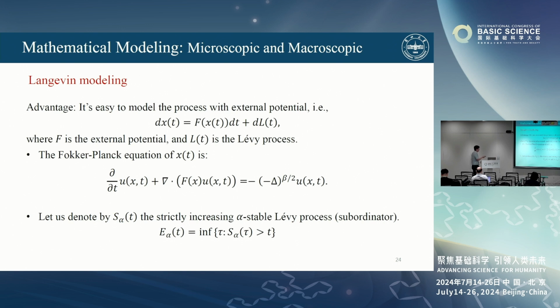We can try to derive the PDF of the process X_t. For this, we can also use the time change to define a new process. First, we define the time change of the alpha-stable Levy process, a map from R plus to R.